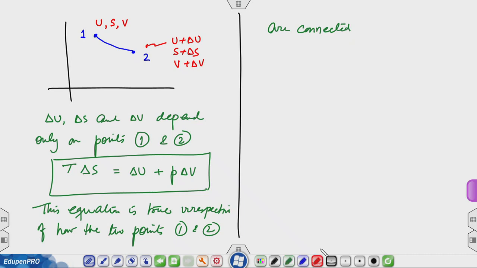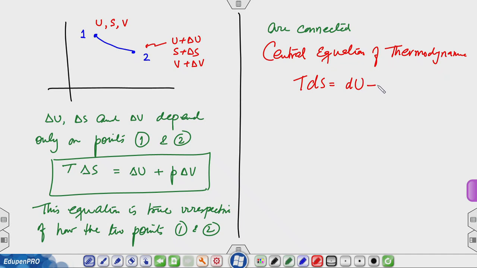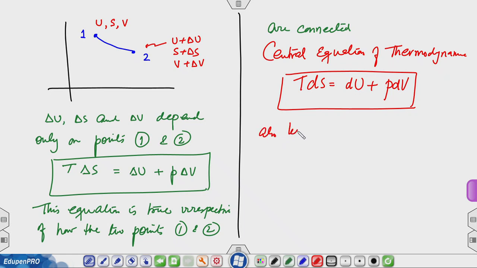So this is known as the central equation of thermodynamics, and written as T ds equals du plus P dV, or also known as thermodynamic identity.